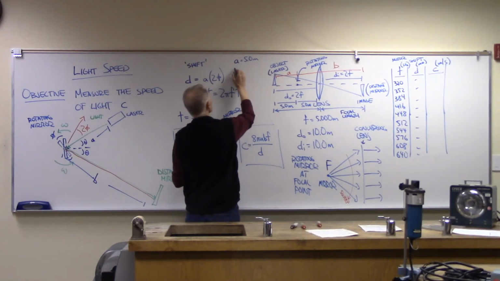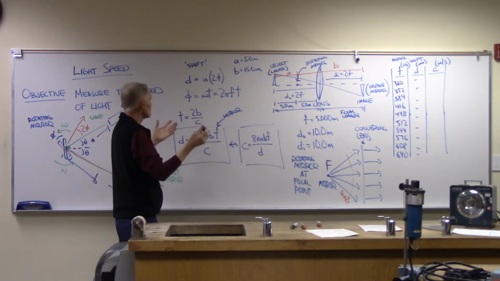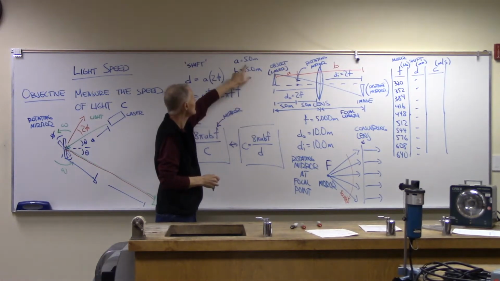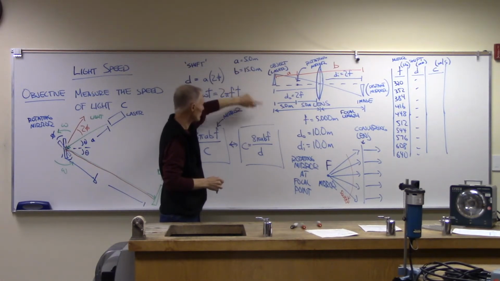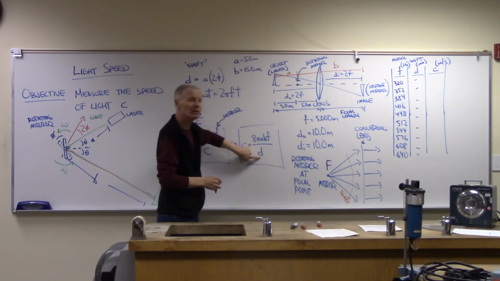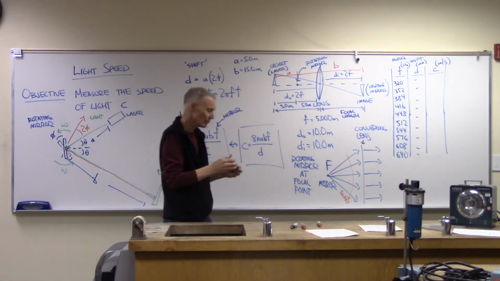So that's going to be 15 meters, and those are going to go into our formula. So 8 pi times 5 meters times 15 meters times whatever speed we're spinning the motor divided by the shift, the distance that the light shifts.